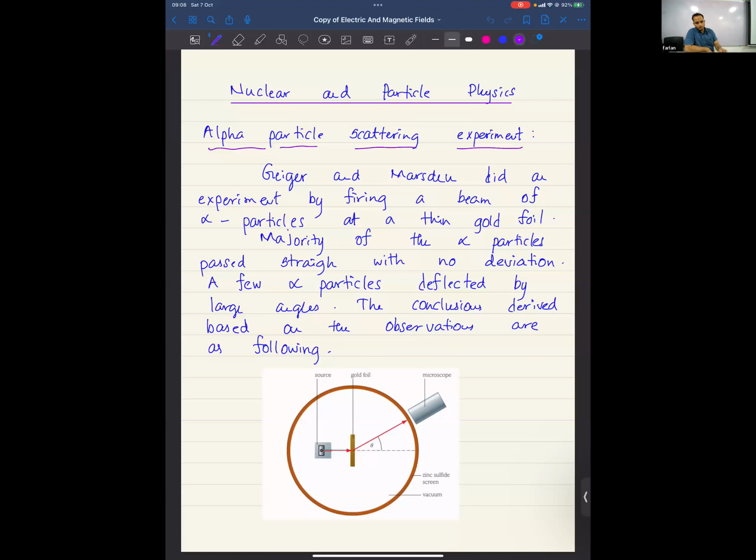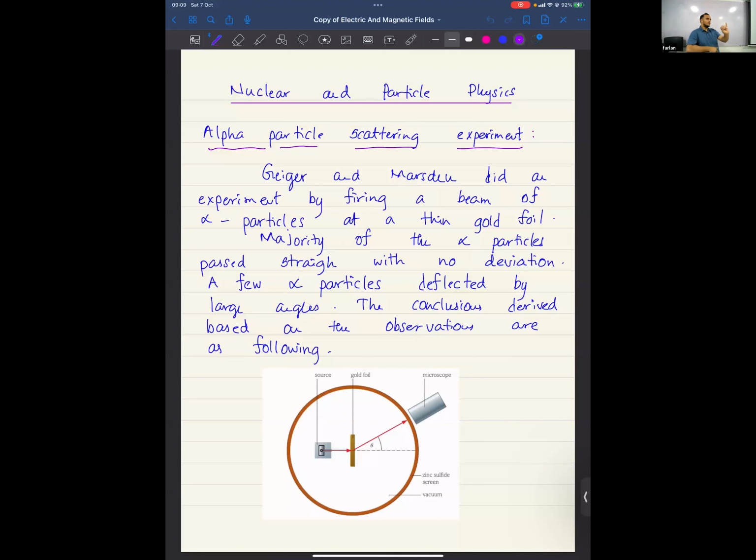A small percentage of alpha particles slightly deviated from their original path. And an even smaller percentage of alpha particles took a U-turn, deflecting more than 90 degrees. These were the three types of observations.